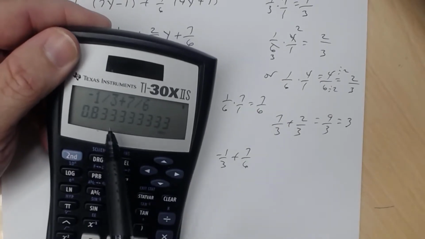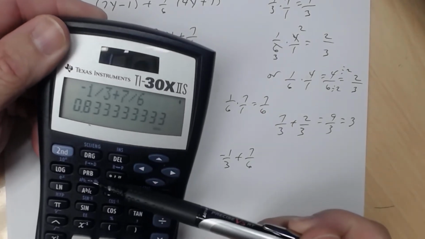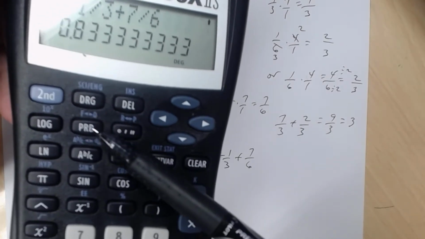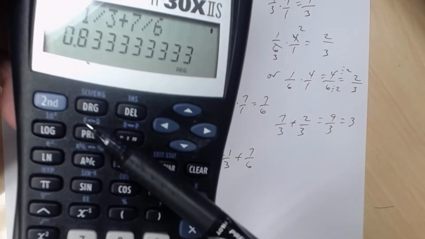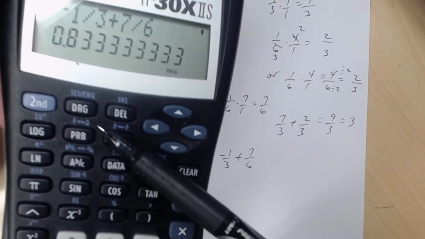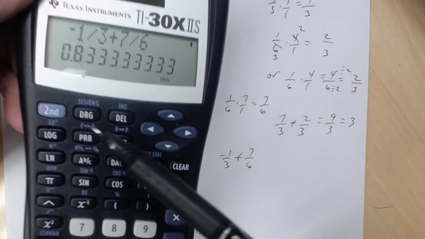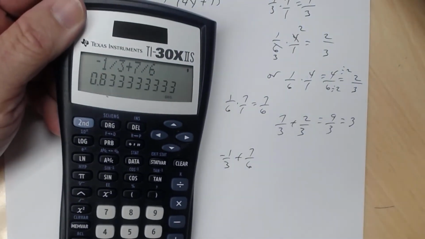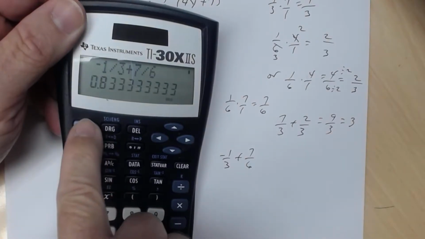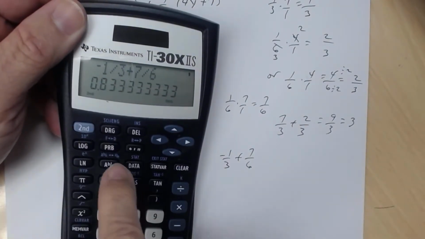So to change this back to a fraction, you see this PRB right here? Right above it in blue is that F to D, so that's fraction to decimal, decimal to fraction. To get to it, you're going to press the second button. So once you put this in your calculator, you say second, and then this PRB button.